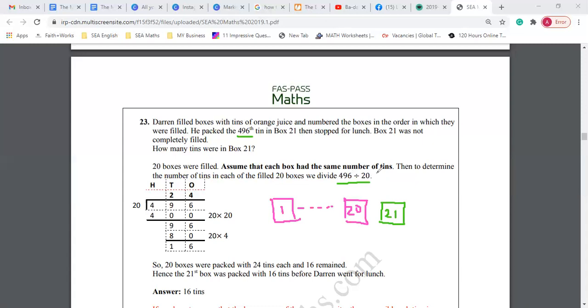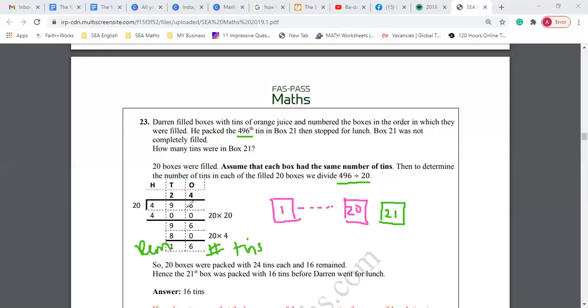So the remainder would be the number of tins in the last box. When you divide 496 by 20 and do your working, your remainder is 16.